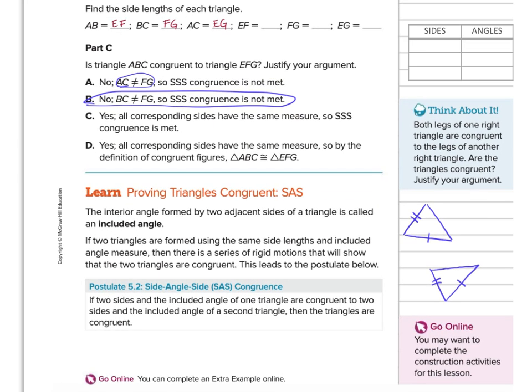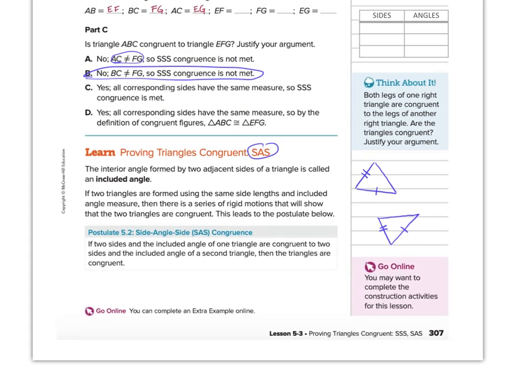And then understanding what the included angle is. We talk about side, angle, side. So it states if two sides and the included angle of one triangle are congruent to two sides and the included angle of a second triangle, then the triangles are congruent. What that means, included means, you can see here that this side is congruent to this side. This side is congruent to this side.